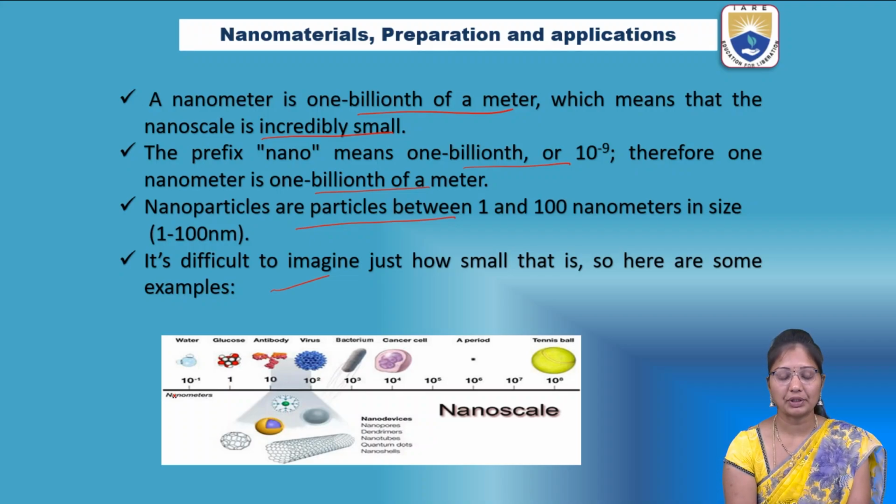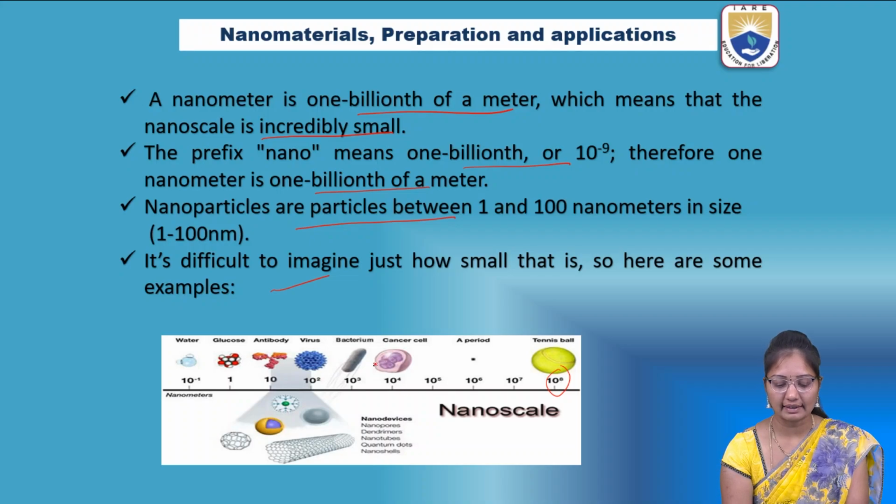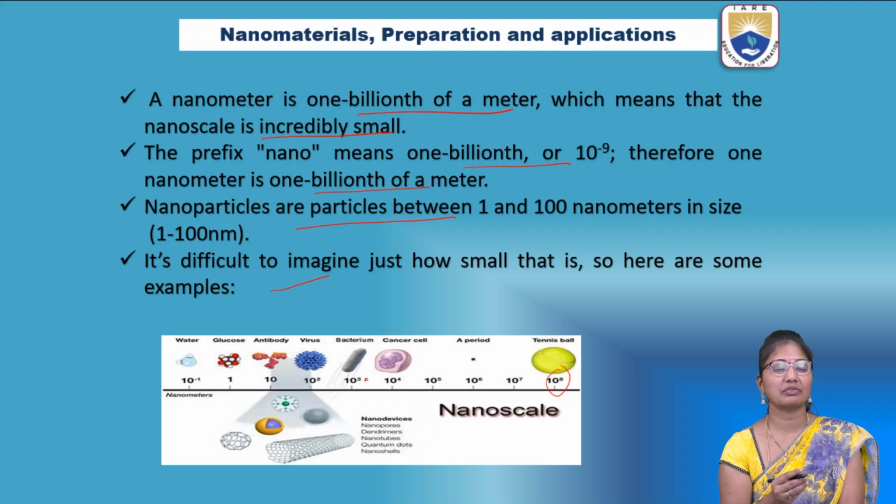It ranges from 10 to the minus 1 to 10 to the power of 8, where 10 to the power of 8 is the size of a tennis ball. Bacteria, viruses, antibodies, glucose and water come under this category. So very small substances, one billionth of a meter, is the nanoscale.